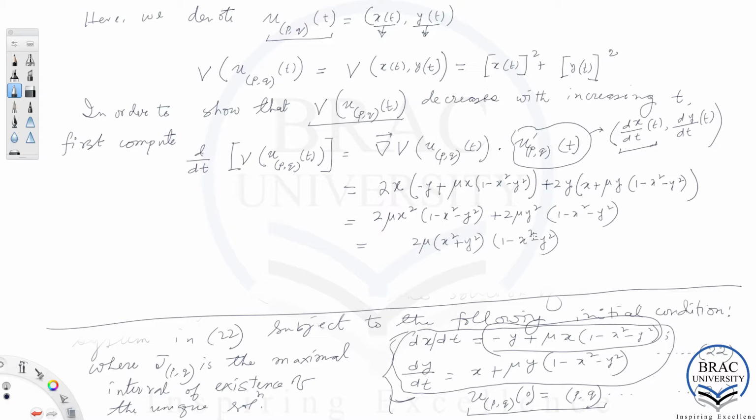So see that I have suppressed the time dependence here. This is actually 2 mu times x of t squared plus y of t squared, and this is nothing but 1 minus x of t squared minus y of t squared.